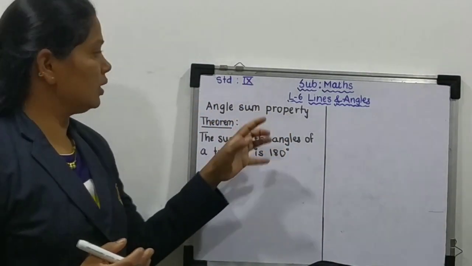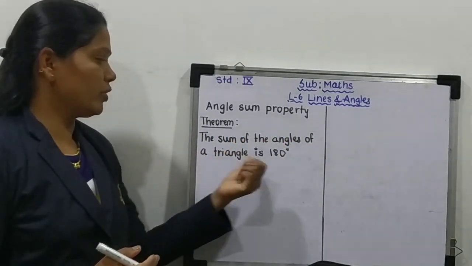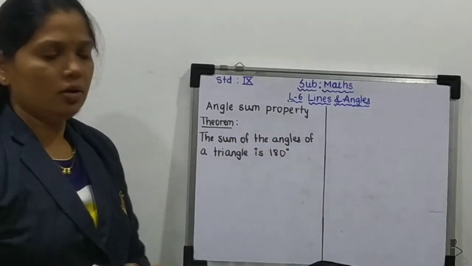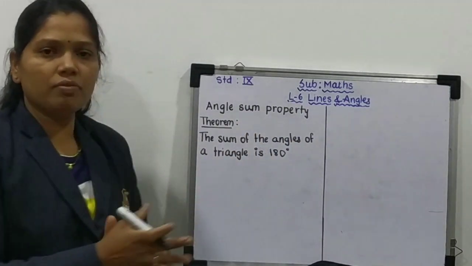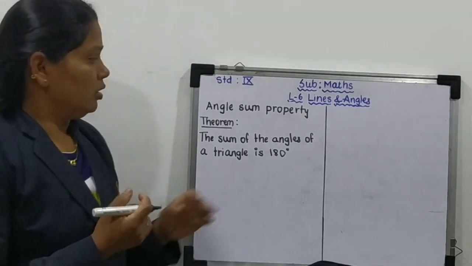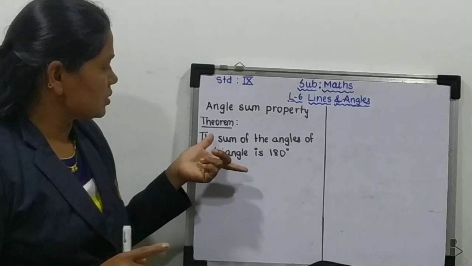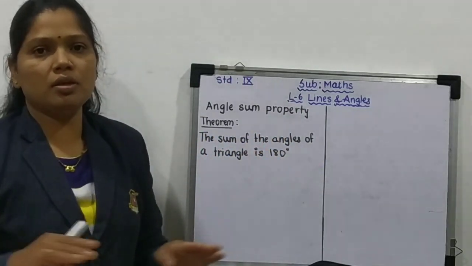What do we get in the exam? Simply this statement: the sum of the angles of a triangle is 180 degrees. We have no diagram, nothing other than this statement.